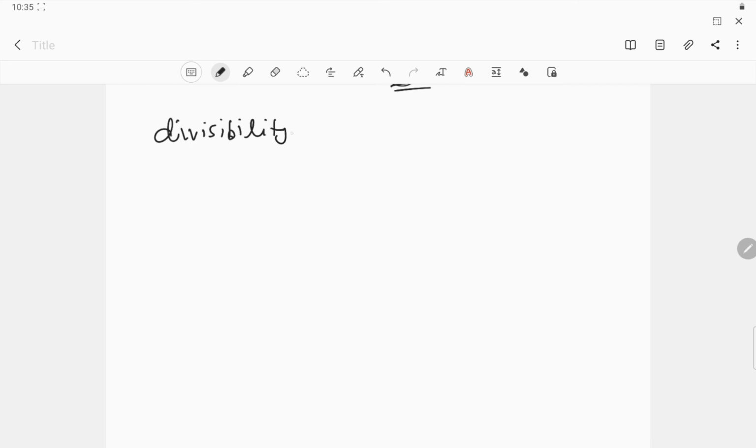Now divisibility of 4. How can you check it is divisible by 4 or not? Suppose I am taking 7248. In this case, this is a 4-digit number, right?